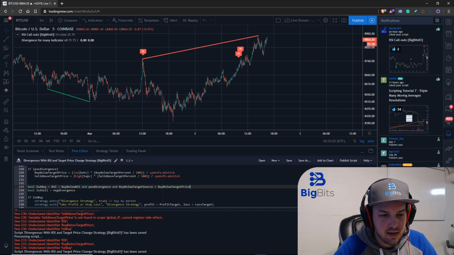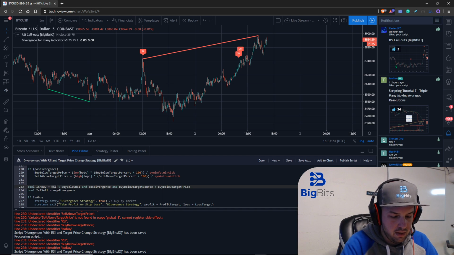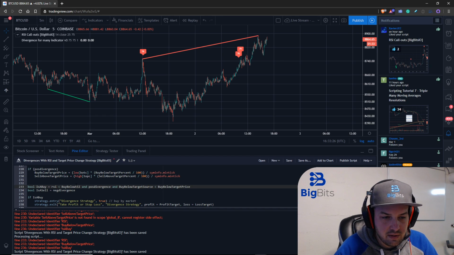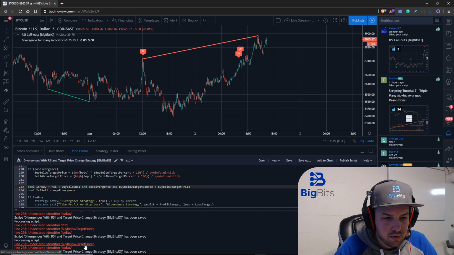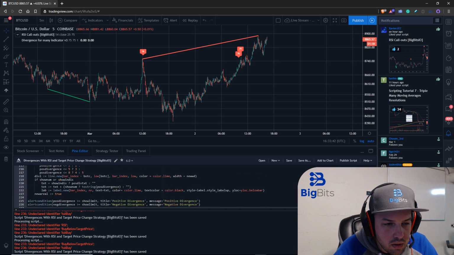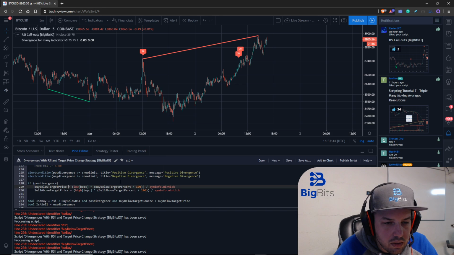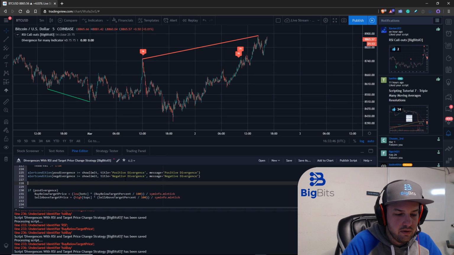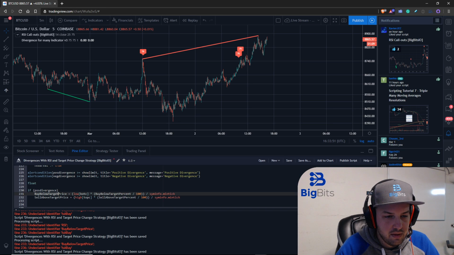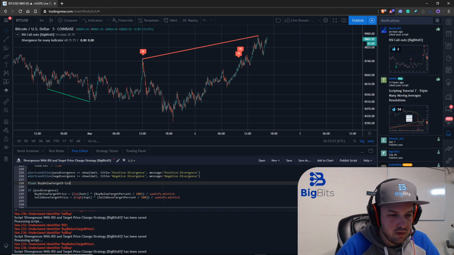So RSI, okay. So they use lowercase in this indicator. Let's see what else we got wrong. Buy below target price. Where is this? 233. Buy below target price. Okay. So let's actually declare these variables first, set them, and then we'll set them again within that.